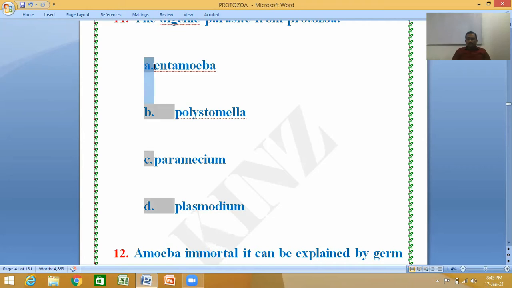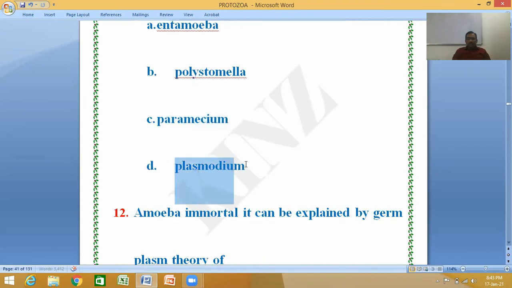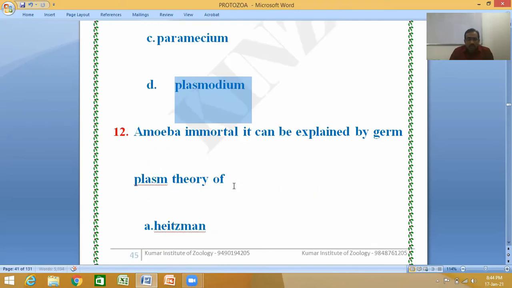Entamoeba histolytica is monogenetic, but Plasmodium vivax, the dangerous malaria fever, maintains two different hosts, mosquito and human beings. That's why it is a digenetic protozoan.